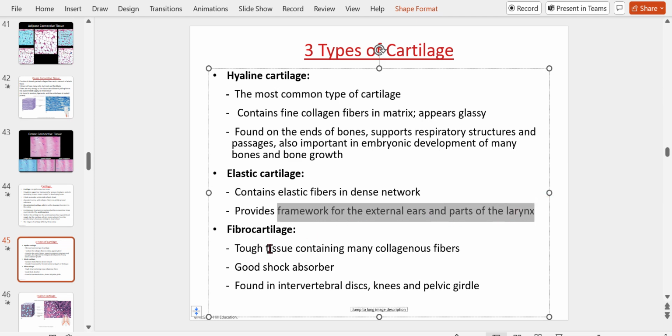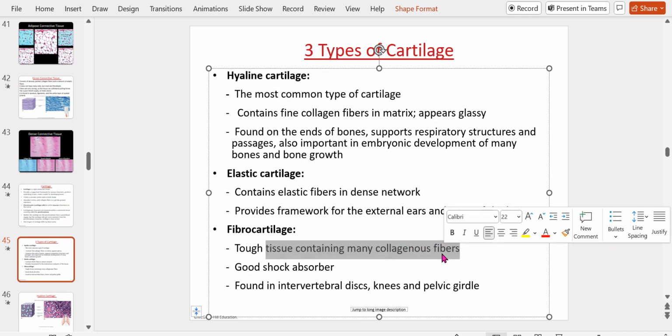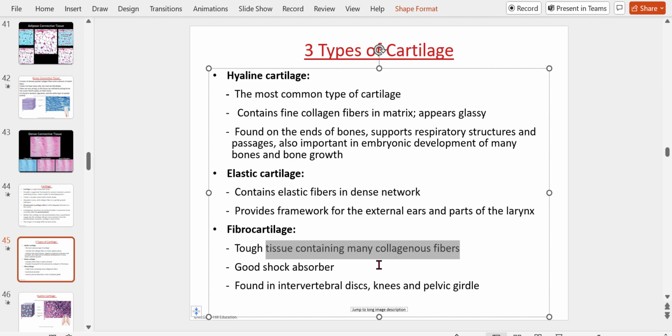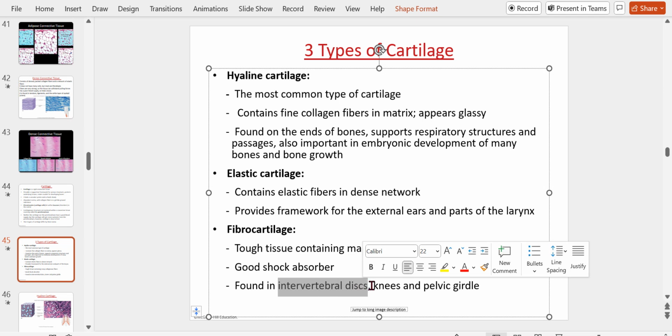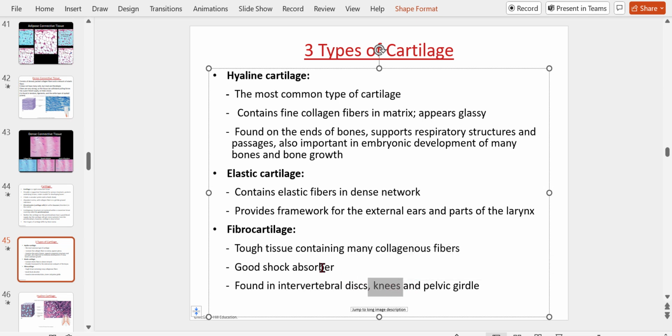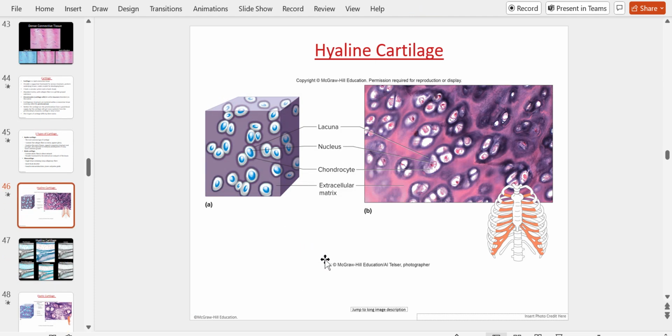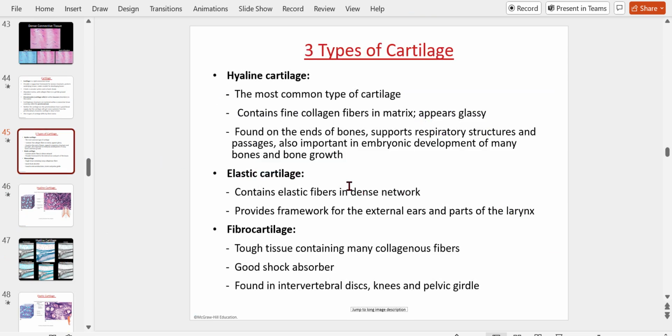Fibrocartilage is a tough tissue containing many collagen fibers, a good shock absorber, found in the intervertebral discs, knee, and pelvic girdle. There's your fibrocartilage. There's your hyaline cartilage.